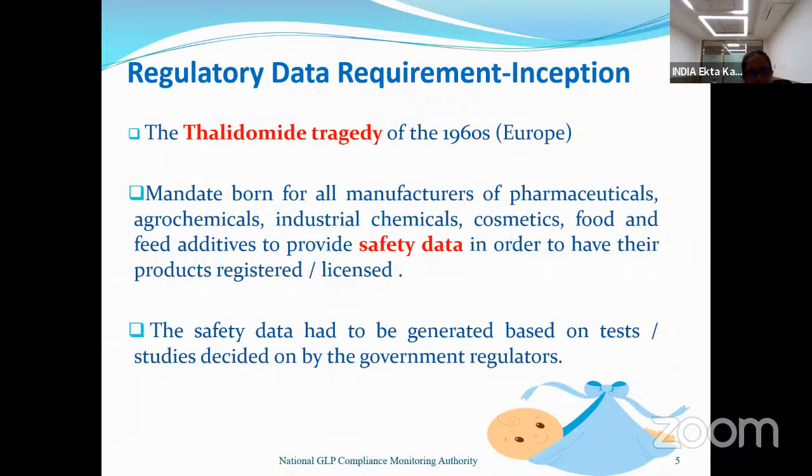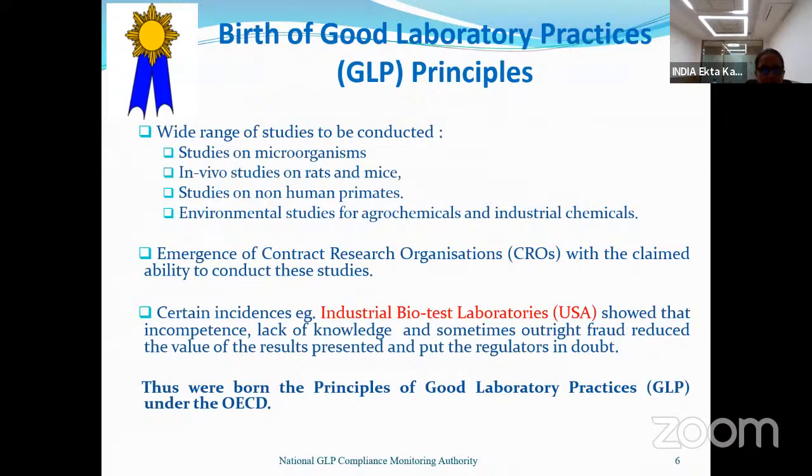So at that time, a mandate was born for all manufacturers of pharmaceuticals, agrochemicals, industrial chemicals, cosmetics, food and feed additives to provide safety data in order to have their products registered or licensed. The safety data had to be generated based on tests or studies decided on by government regulators.